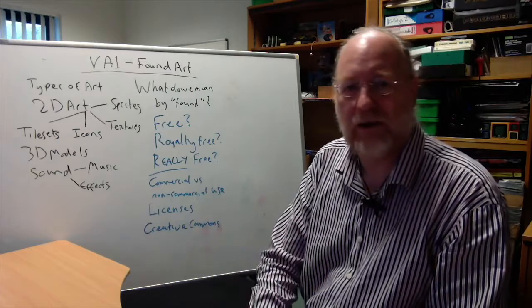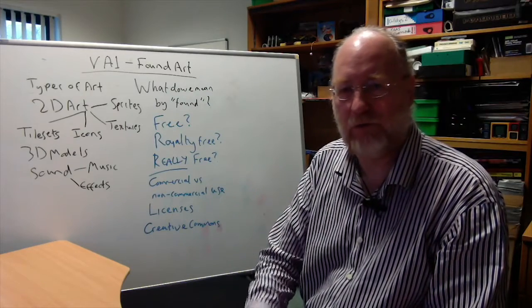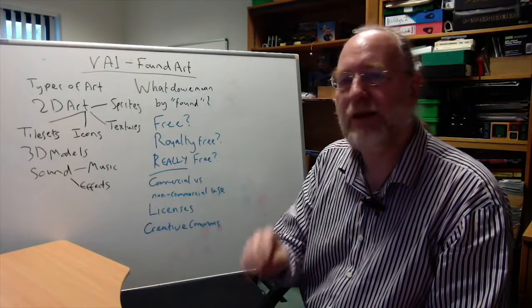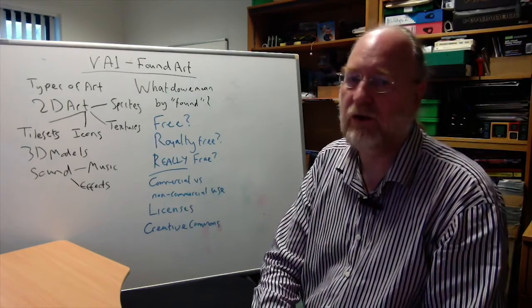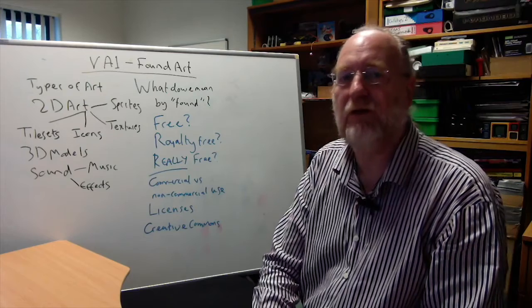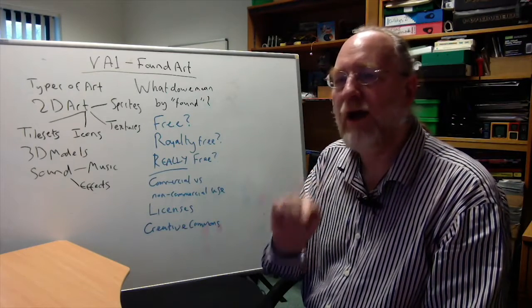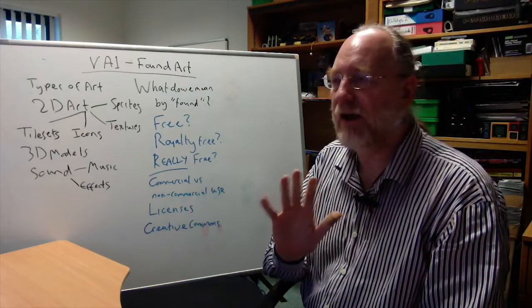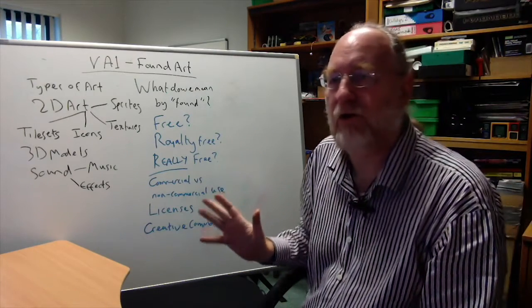Similarly, things like Game Maker, some of the assets available for those, particularly the free ones from Yo-Yo Games, etc., may be limited in the way in which they're used. So that's a big thing you need to think about: in what way are you going to want to use this?